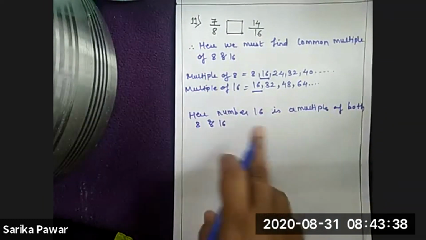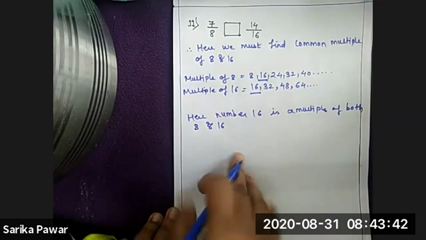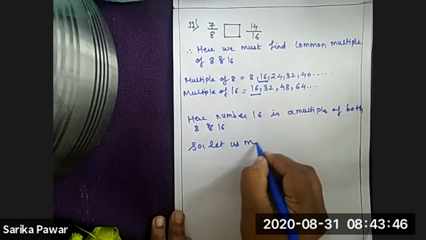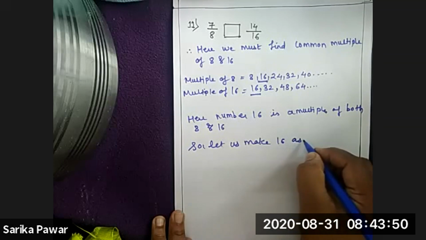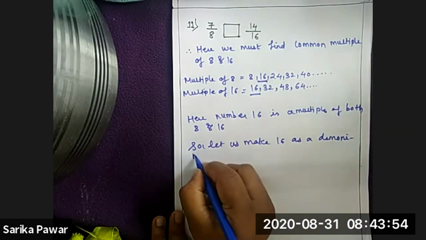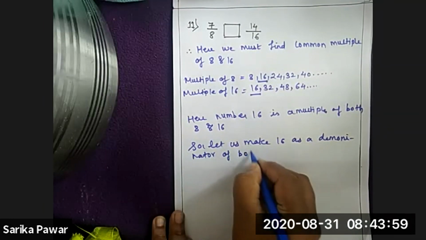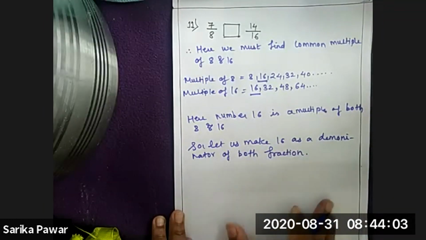Here the number 16 is a multiple of both 8 and 16. So let us make 16 the denominator of both the fractions. Okay.